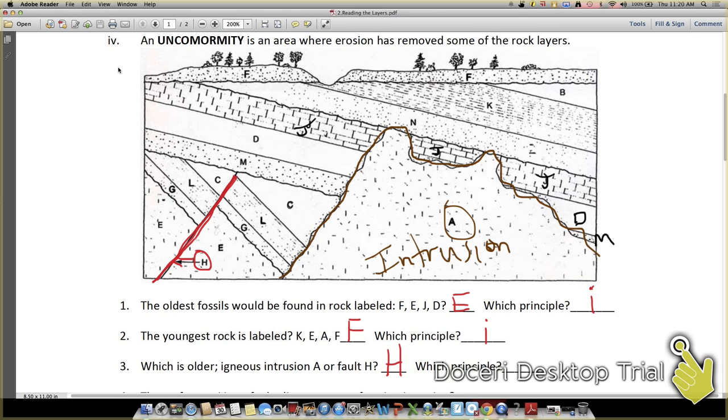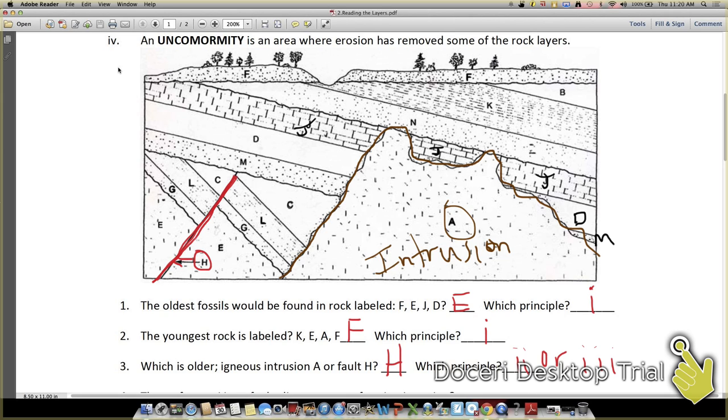A fault is younger than the layers it breaks, which means that I guess you can use 2 or 3. 2 or 3 is fine because we're dealing with both the intrusion and the rock layer. The intrusion is younger than those rock layers that the fault affected, and the fault is younger than the ones it breaks, but we put the intrusion into there, so either would be fine.